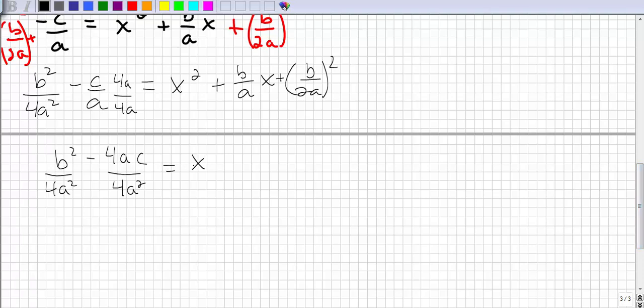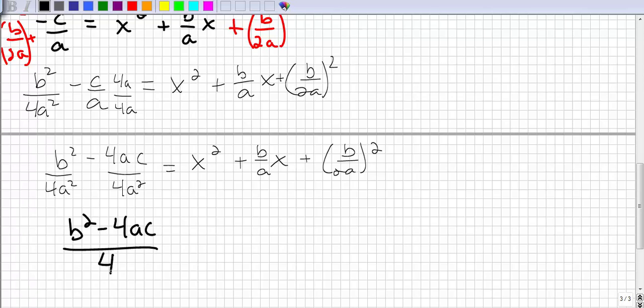And we still have this other side hanging out over here. Finishing up this left side, we're going to combine the numerators to make it b squared minus 4ac all over 4a squared.